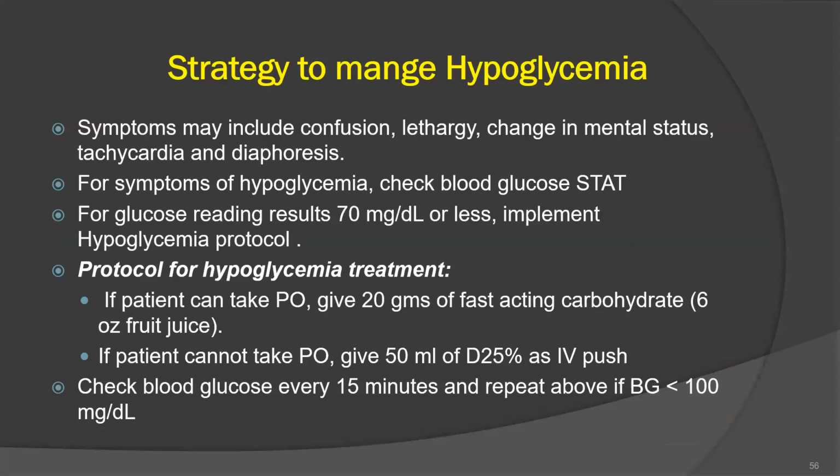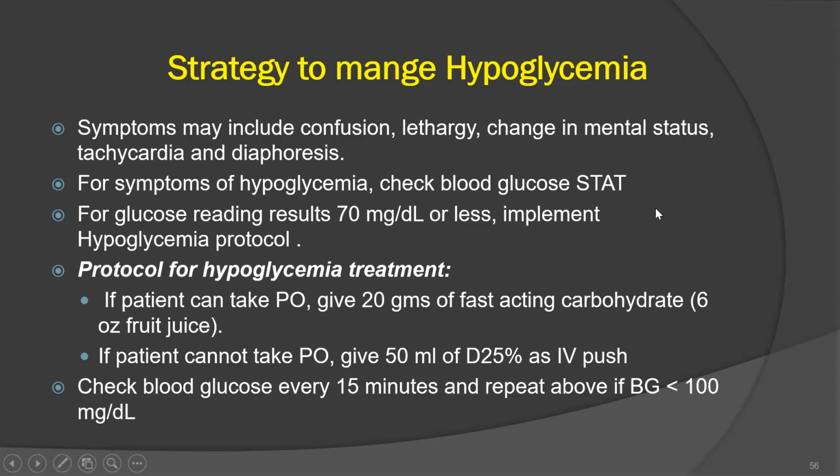What are the strategies to manage hypoglycemia? Symptoms may include confusion, lethargy, change in mental status, tachycardia, and diaphoresis. So these things can be alarming for staff, for attendants who are around the patient, or for any healthcare professional visiting the patient.